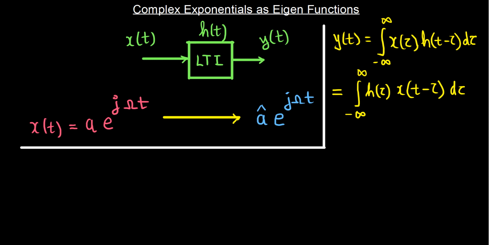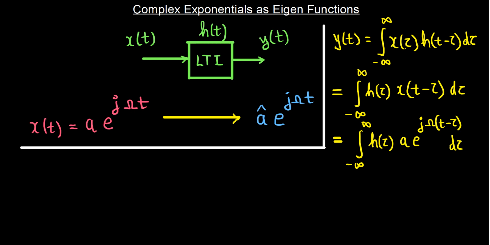If we have this x of t as an input, we would get integration minus infinity to infinity h of tau x of t minus tau. So this will be replaced by a times e to the power j omega times t minus tau d tau. We have simply replaced the x here by the input, that is complex exponential.